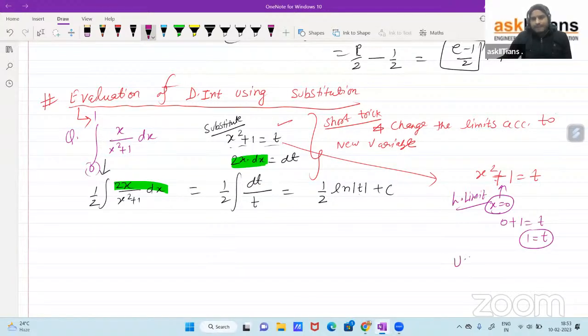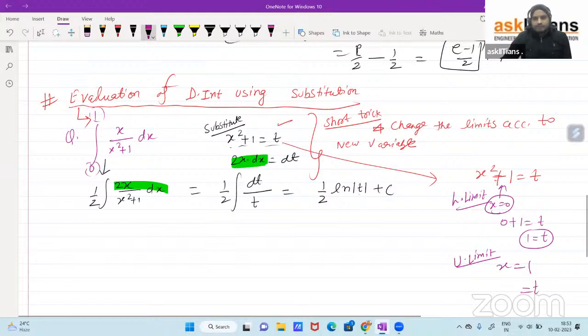Now for the upper limit, x approaches 1. So t will be approaching, you can see from here, 1 square plus 1, so 2.